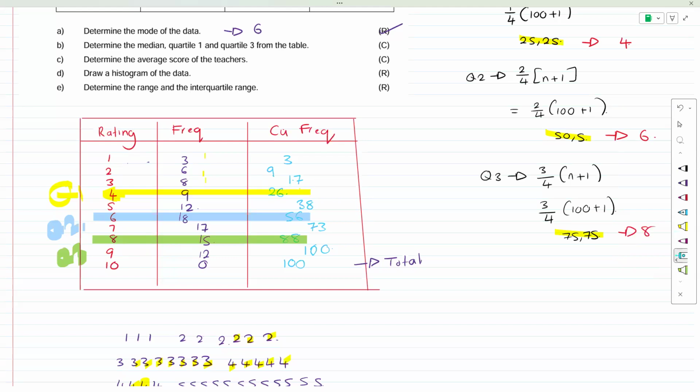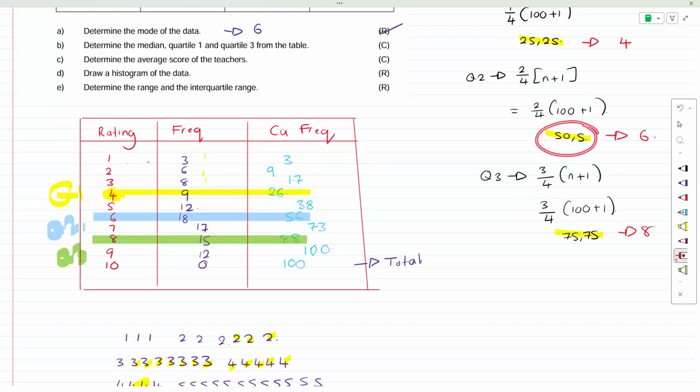Now again, we look at 25. 25 does not fit. 25 cannot go into 3. 25 is too big for 8. 25 is too big for 17. But 25 can fit over here. That's why we took the rating as 4.